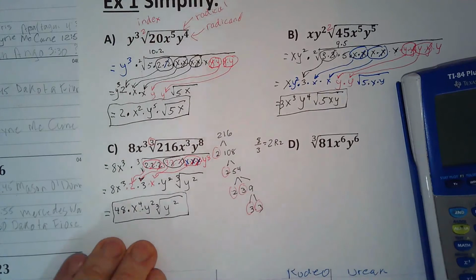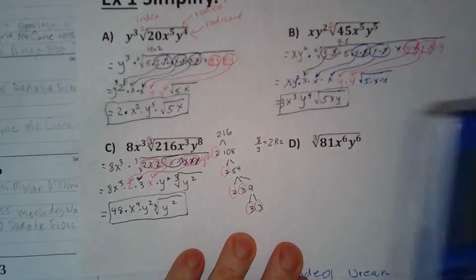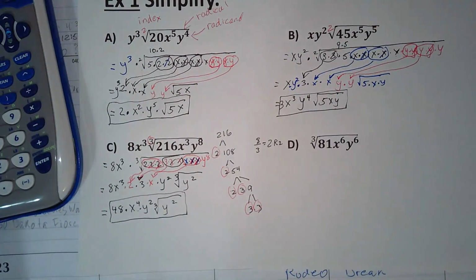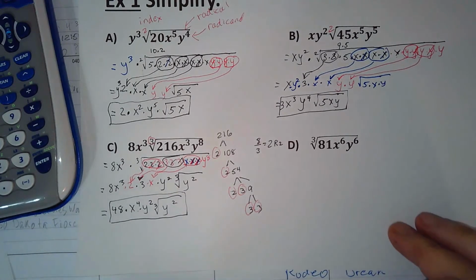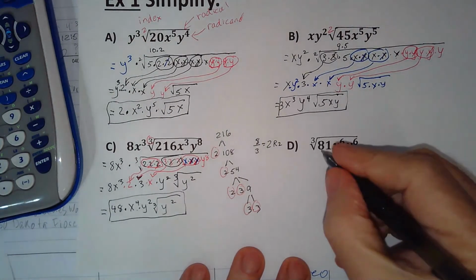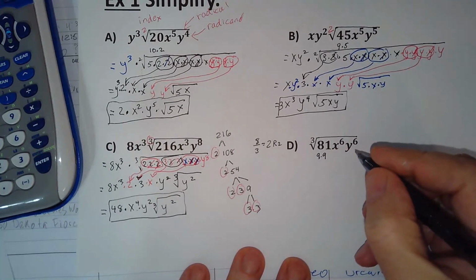Okay? All right. Another cube root problem over here. Let's see what we got. We have cube root of 81, and 81 we know can be 9 times 9, right?